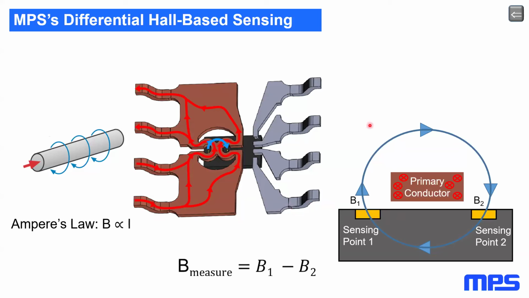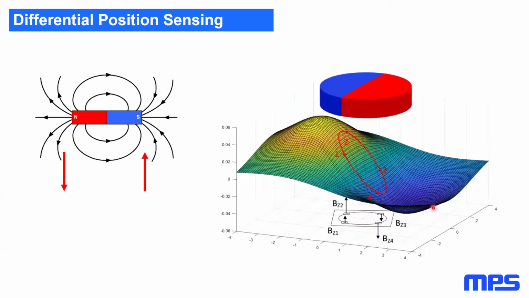So the amplitude is higher here than it is here. That can cause an issue because there's still a difference now. B1 minus B2 has an actual value. And so when the field is not uniform, when there's a so-called gradient, this doesn't completely reject the field. But we have a solution for that too.